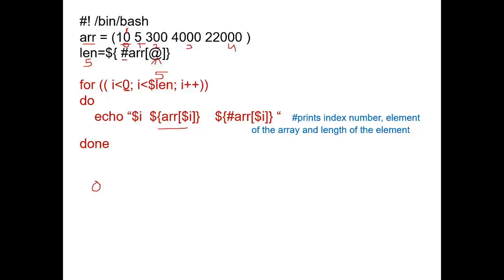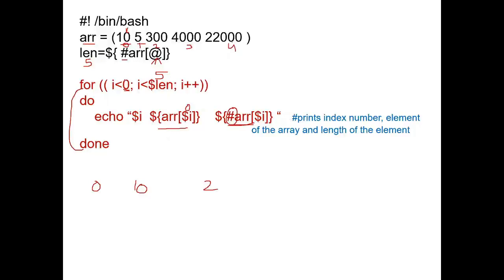What is stored in the 0th position? 10 is stored, so it will display 10. Then next it will display the length of the element, because we have used hash here. What is the length of the element? It is 2. Then the loop gets incremented.